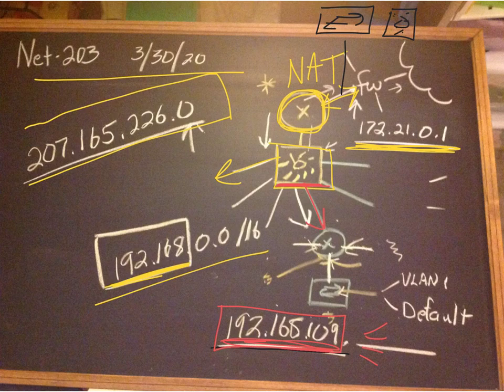If I was to do another example, let's say I had a 192.168, let's use one we have, 102.0, this device would send all the addresses for that this way.